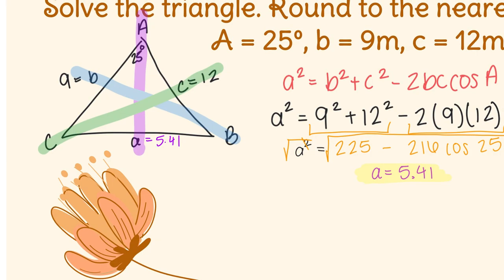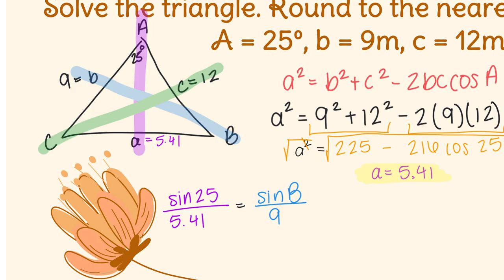So I have a pair. I'm going to write that pair. Remember, I'm finding my angle, so I'm going to put my angles on top. I have sine 25 over 5.41 equals, let's go ahead and do B. Sine B, I don't know what it is, over 9.